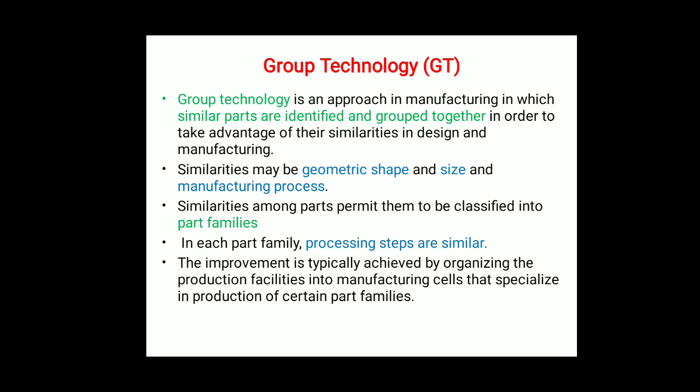In the first group again we have to create some part families as per the same attributes or same component design. Again the second group also we have to divide into some part families. Likewise we make the groups first, and afterwards we make the part families, and that will be better for the manufacturing process.